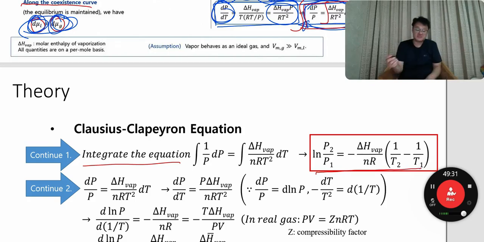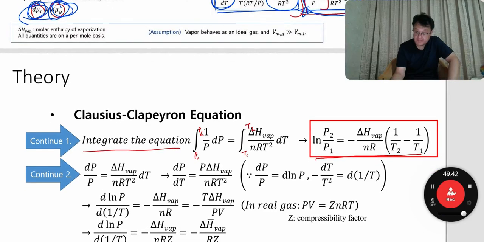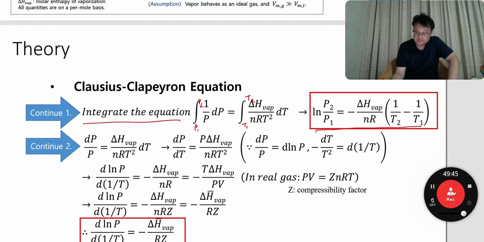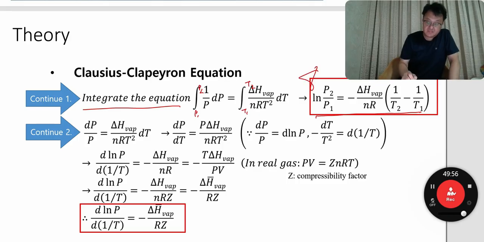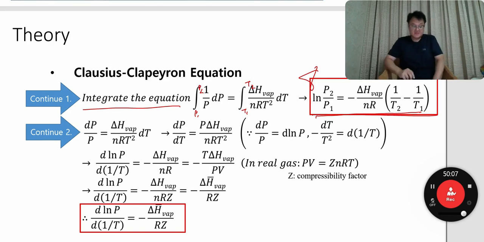So integrate the equation from P1 to P2, and T1 to T2, and then it becomes like this. So this is actually one path. Then you can come up to this rather simple equation.